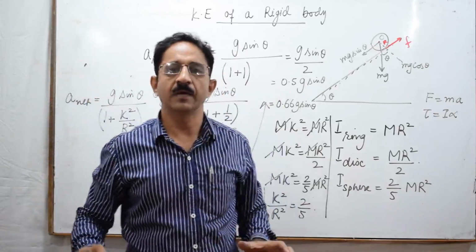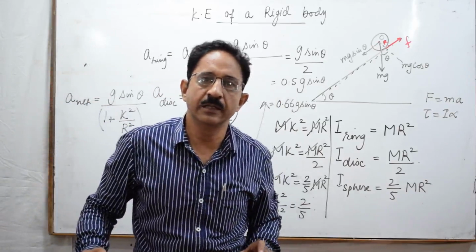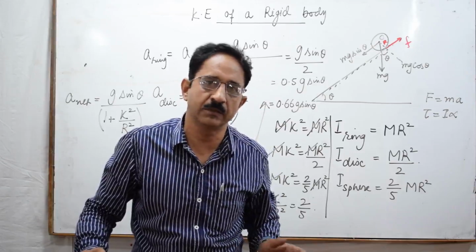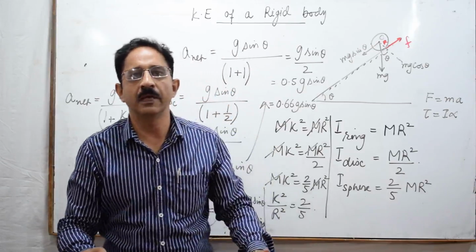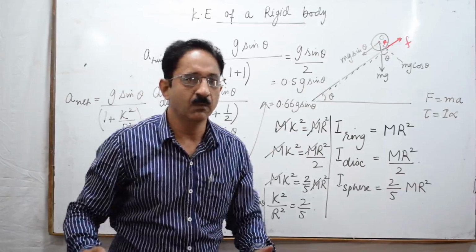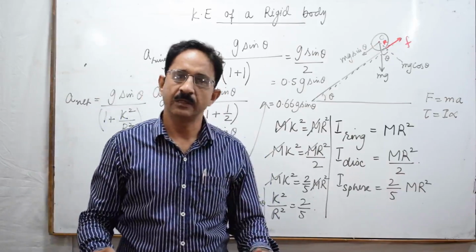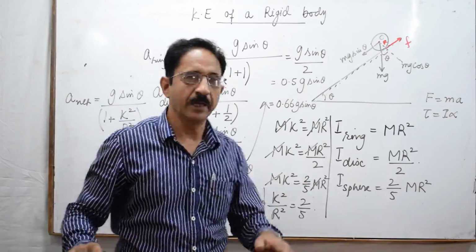So that way, if we imagine a ring, a sphere and a disk running a race on the incline, with the same value of theta for all the three, and the force of friction is the same for all the three, what will be the value of their net acceleration? The race will be won by the sphere, which will have more net acceleration down the plane, followed by the disk and followed by the ring.